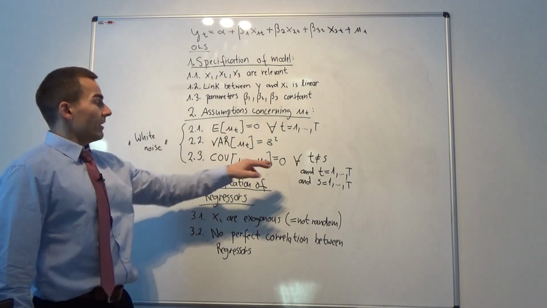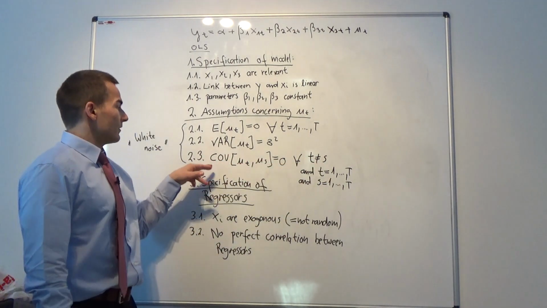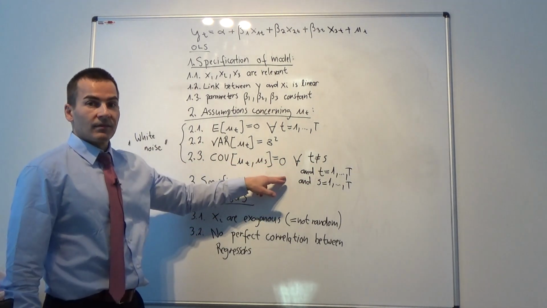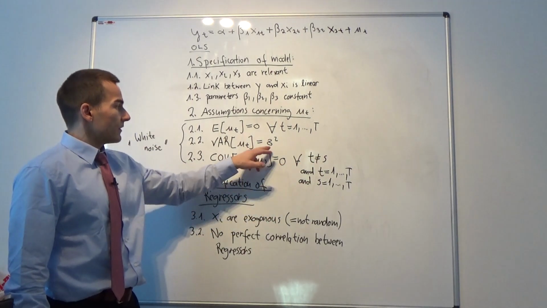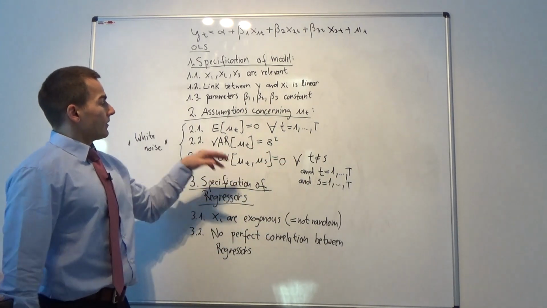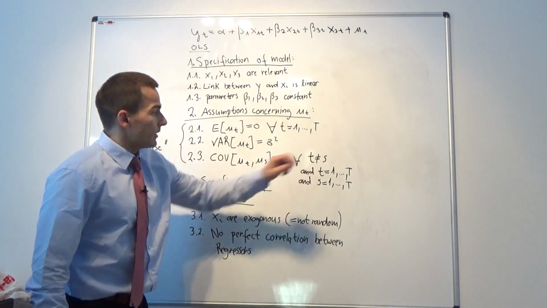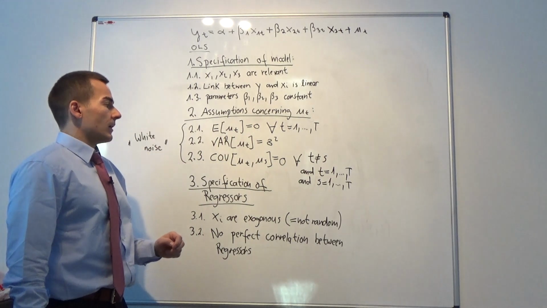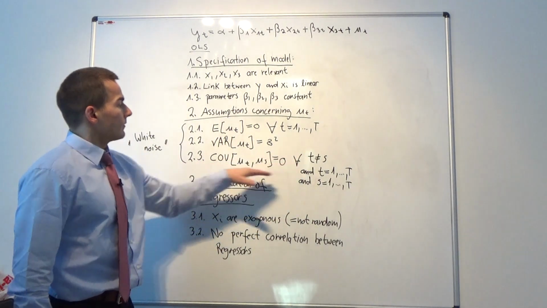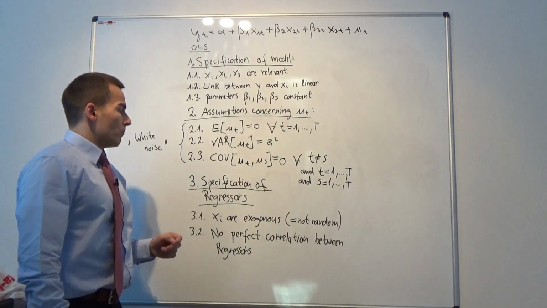Obviously, if t is equal to s, we are dealing with the variance, because the covariance between us and us is the variance, and we know already that the variance is the same for all of them. So the covariance is defined only for t unequal to s. And we want that there is no covariance between any of these random components.